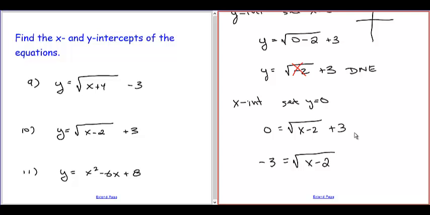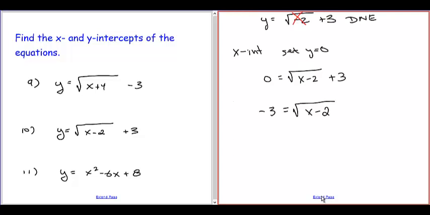Okay. Now the question is, what do you do here? Well, you square this, but the problem is when you get to this point, it's a little subtle, but there's no number whose square root equals a negative number, so you could square this and you'd get the wrong answer.